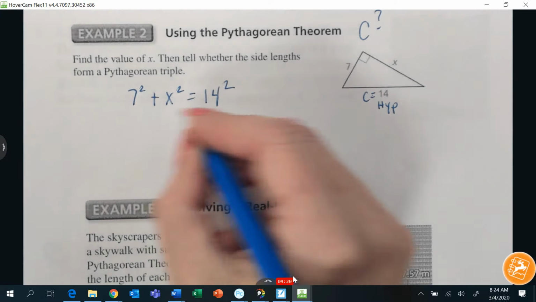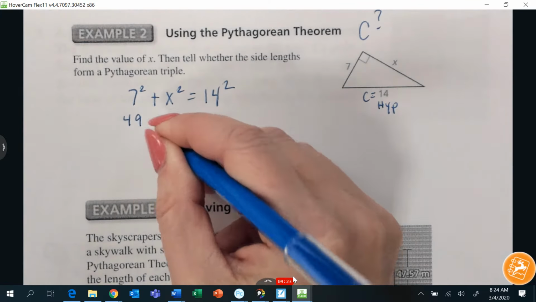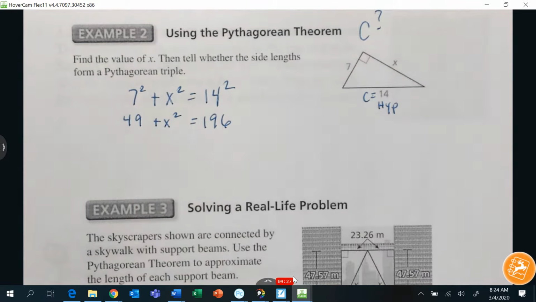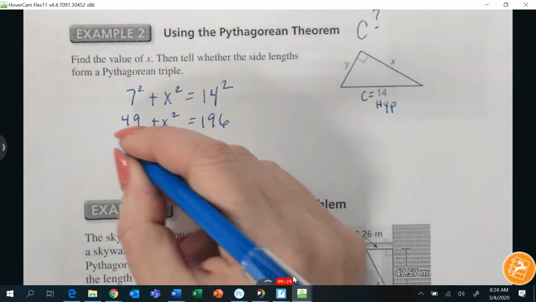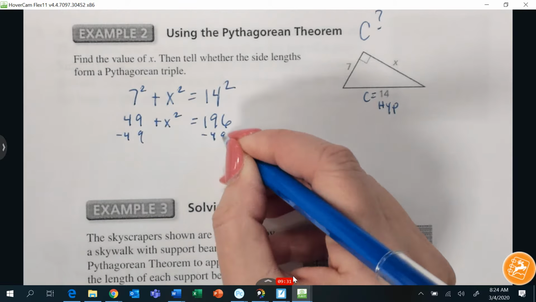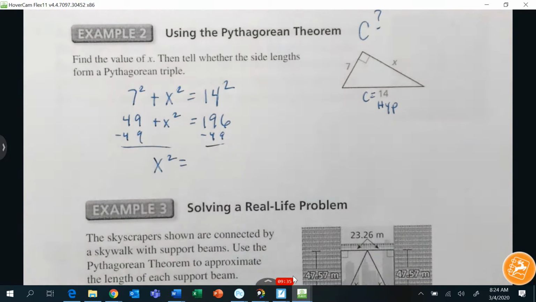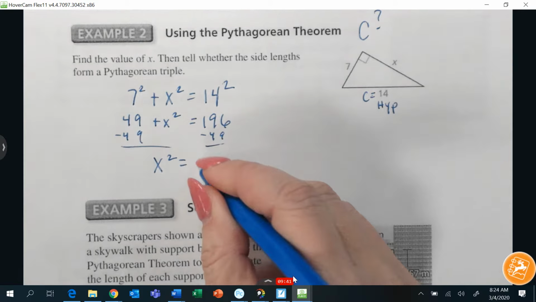Now we're going to square, so we get 49 plus x squared equals 196. Subtract your 49. It's 147.